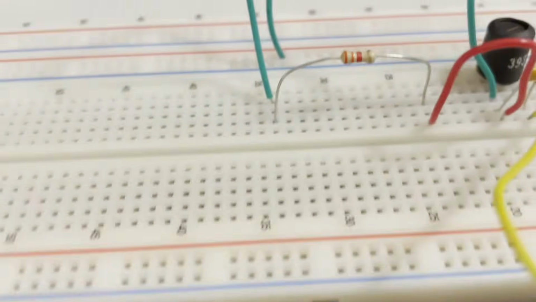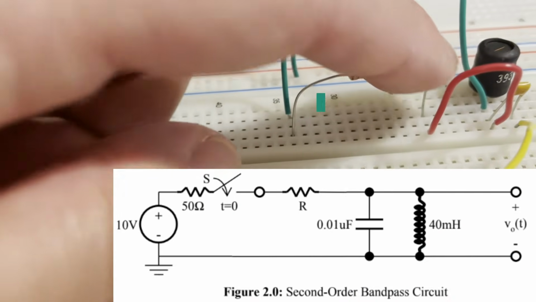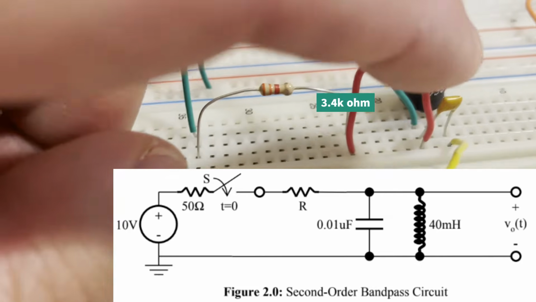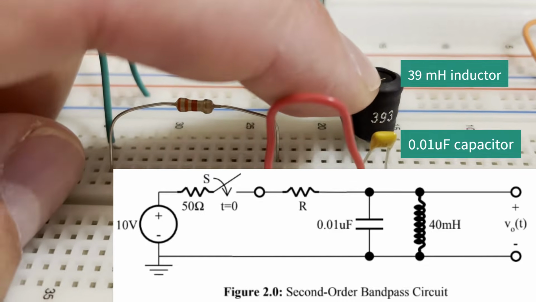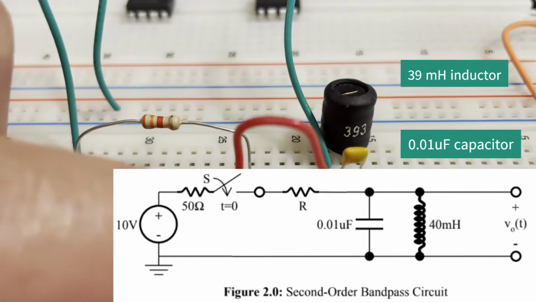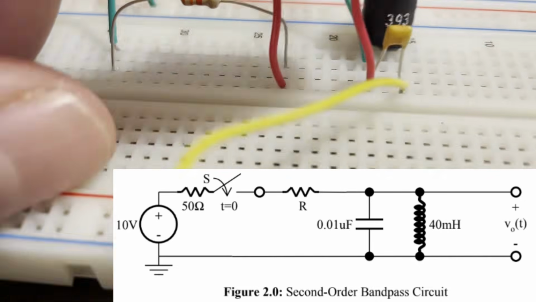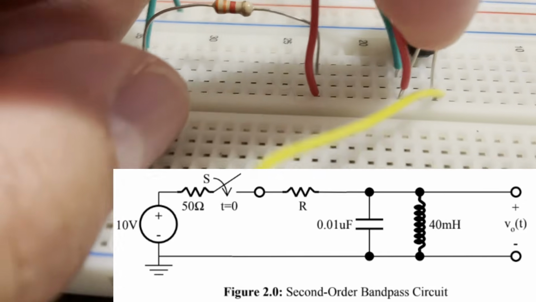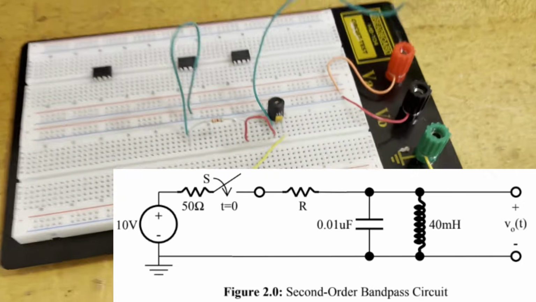So this is how it goes, from the input to the 3.3K. Next we're going to connect to the 39 millihenry inductor, and you also have one capacitor here. The code is 103 for 0.01 µF, and this goes to the ground.